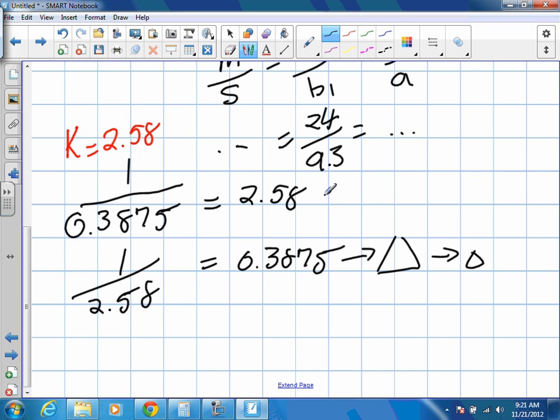All we have to do is take one of the values, multiply by the scale factor, and we'll have our unknown side. We would take a value, multiply by a scale factor, and we have the other unknown side. One will shrink the triangle, the other will expand it. So with our area formula, we had plugged in the wrong scale factor. We needed to use 2.58.